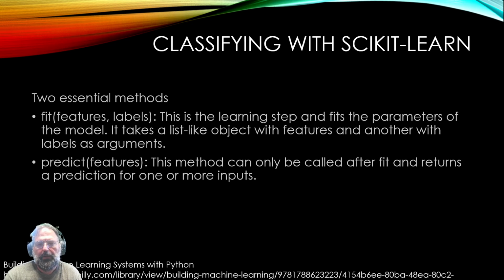You're giving it some features and some labels and telling it figure out what is the best way of finding these, or how can you classify these items using a k-nearest neighbors approach. And then once you've trained a model, you'll oftentimes use predict to use that model to, given a set of inputs, determine what something belongs to.